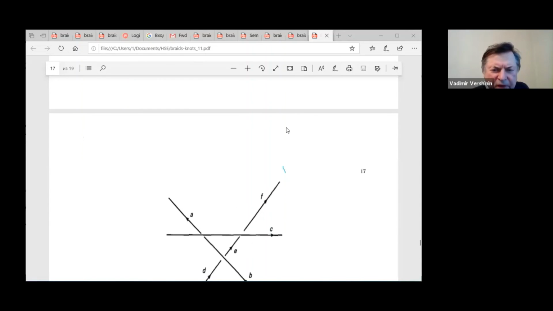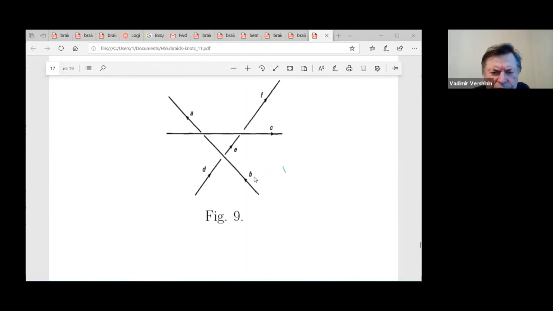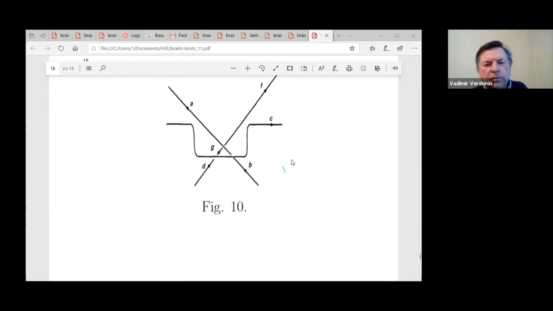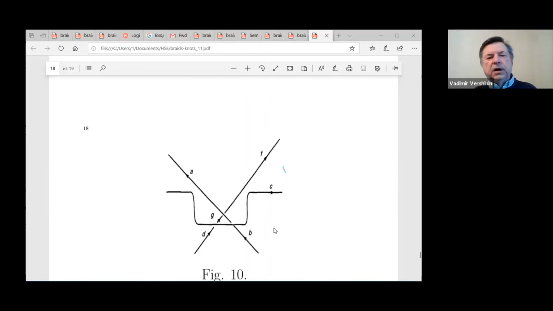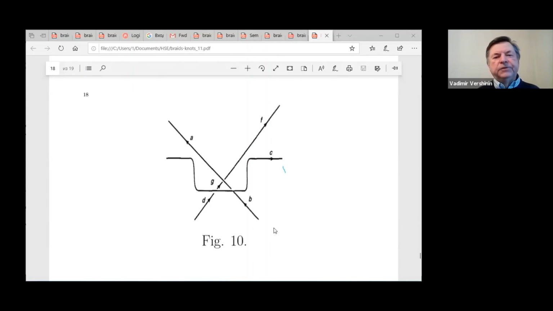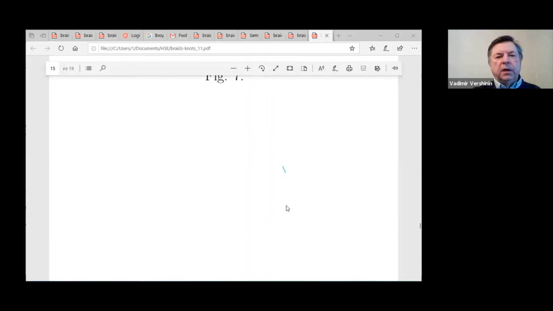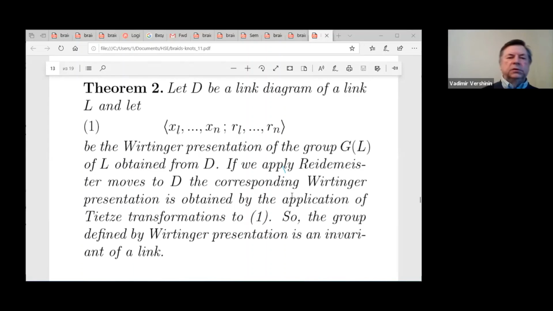So here we have 1, 2, 3, 4, 5, 6. But if you write down the relations and see that they are Tietze equivalent to one another, we'll complete the proof of the invariance of the Wirtinger presentation.